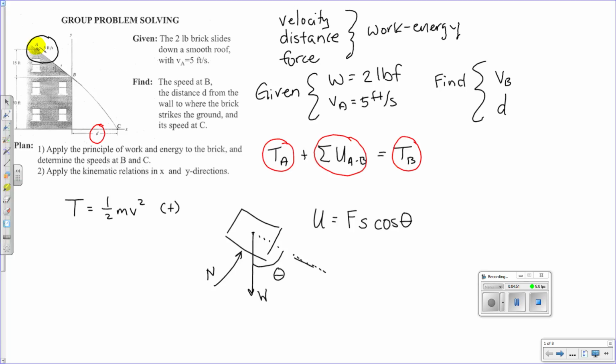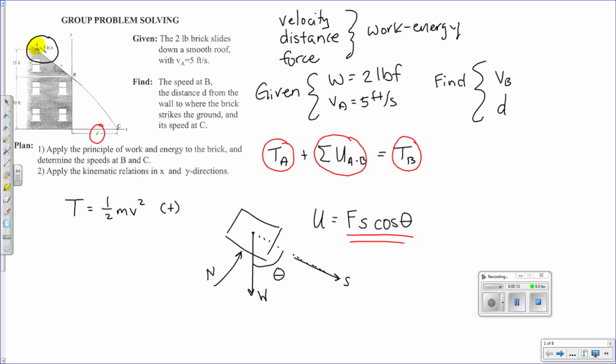And we know from experience that this brick is going to be moving down the slope. S is pointing down the roof itself. So theta is the angle between the direction of the force application and s, the direction that the object is moving. Now there's two ways that we can consider this equation.